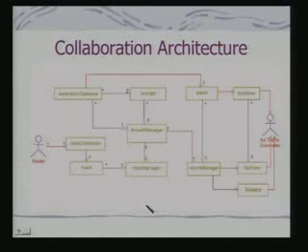Related to this is what is called a collaboration architecture. Collaboration architecture tells you how exactly the different components collaborate with each other. Say for example, if we look at the separation distance as a parameter, this separation distance is related to the two aircrafts, because we shall be measuring the separation distance between the two aircrafts.